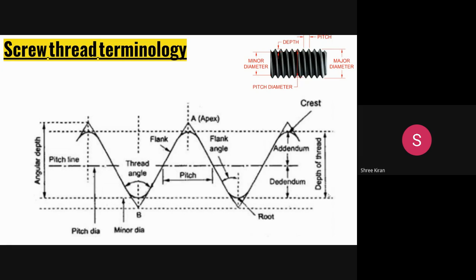Then in one word, we can say screw thread. What do you mean by screw thread? A screw thread comprises a helical groove of specified cross-sectional shape, where the helix angle can be determined. It's always a helical groove of a specified cross-sectional shape, where the helix angle of the thread can be determined by tan alpha equal to P by pi d, where alpha is the helix angle, P is the pitch, and small d is the diameter.